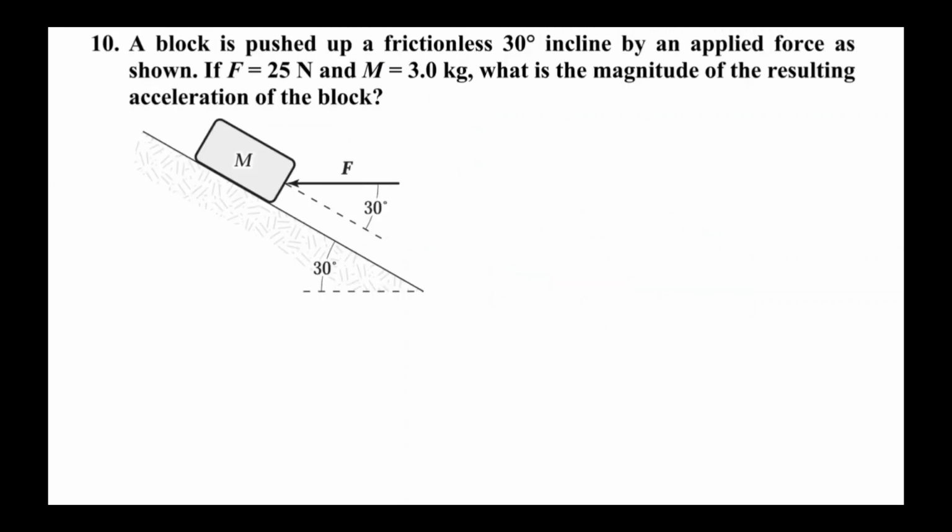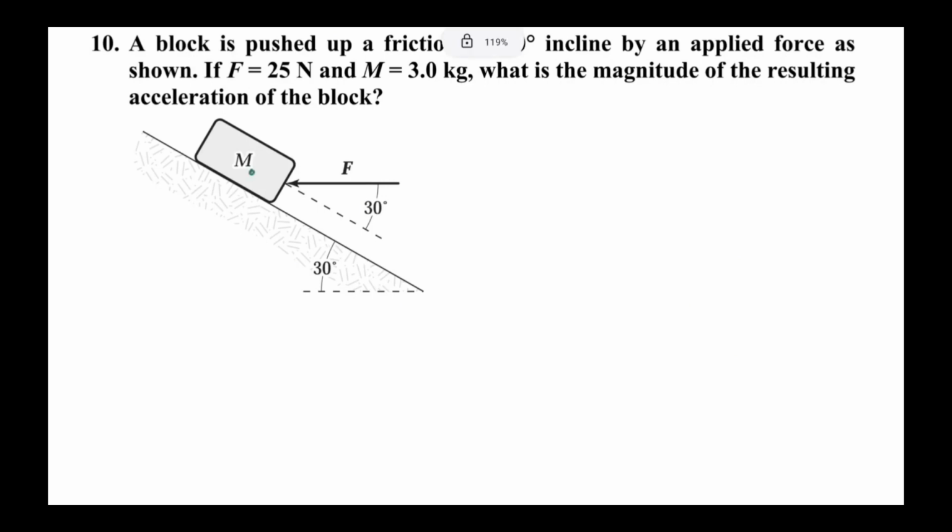A block is pushed up a frictionless 30 degrees incline by an applied force as shown. If F equals 25 newtons and M equals 3 kilograms, what is the magnitude of the resulting acceleration of the block? Now to solve this situation, let's draw the free body diagram.